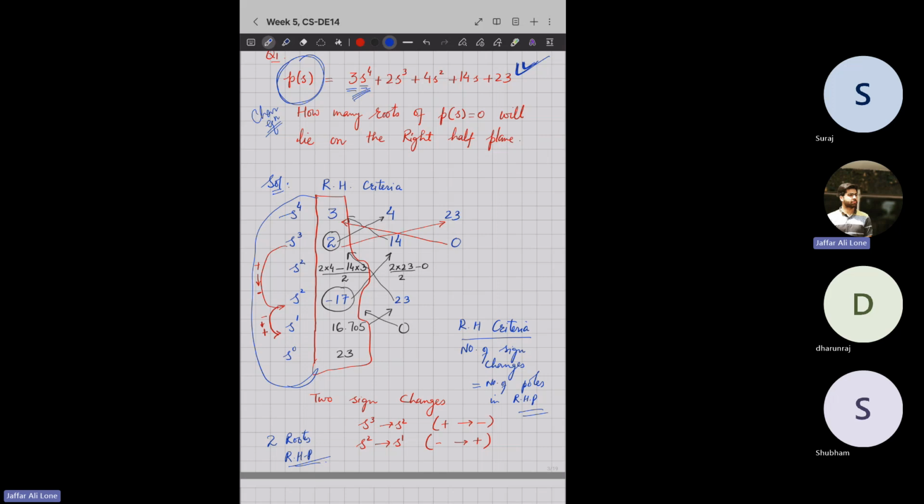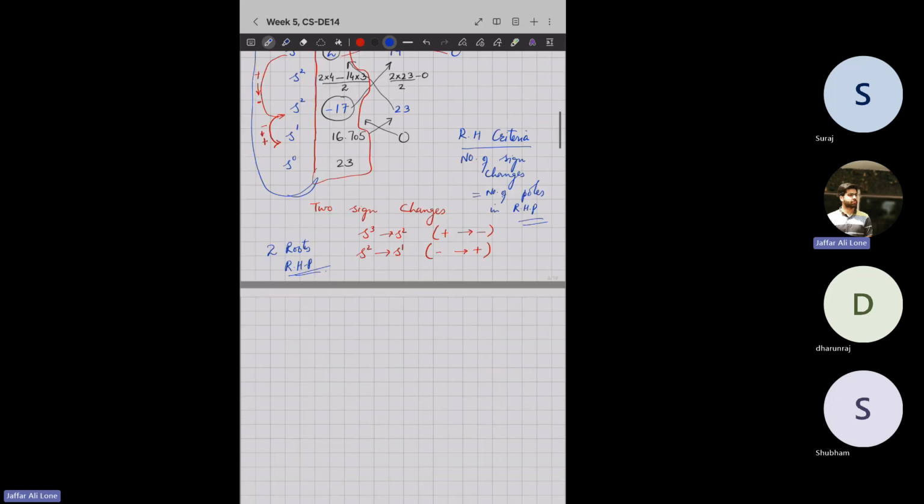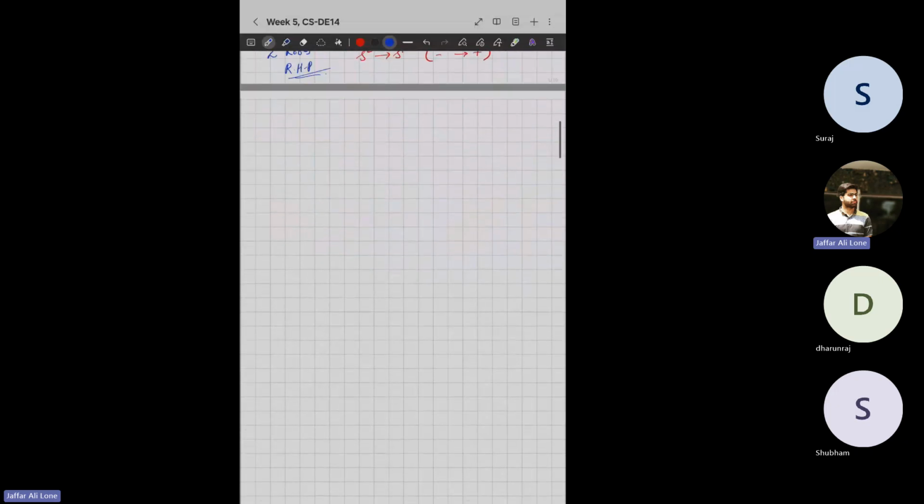Perfect. Now I assume that you already know this concept and have done some questions, so we'll directly begin with good questions. Now consider the following polynomial: P of s is equal to s5 plus 5s4 plus 11s cube plus 23s square plus 28s plus 12.